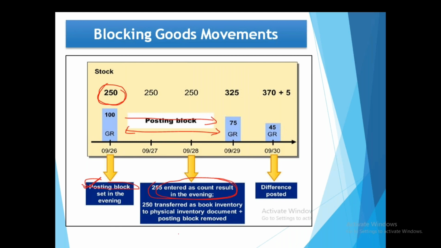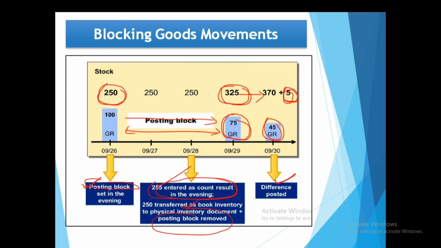Now once you enter the count and you remove the posting block, let's say somebody added 75 stock to the count. So now your total stock will become 325. And when the difference is posted, again if somebody posted 45 stock, then the stock will become 375, plus that 5 stock difference will get added here.